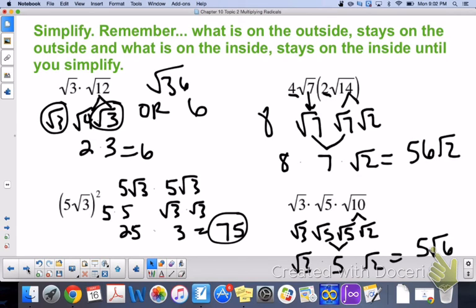Or I do 3 times 5 is 15, times 10 is 150, the square root of 150. 25 is a perfect square. 25 goes into that 6 times, so you get 5 root 6. Either way is fine. I just wanted to show you both ways so you can decide what makes most sense to you. There you have it. Go ahead and do the U-Tries, have fun, and we'll talk about it next class.